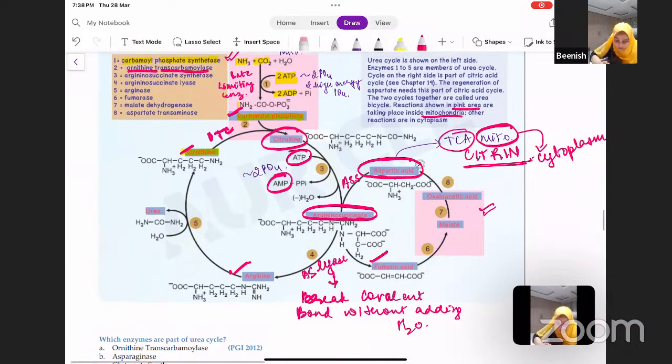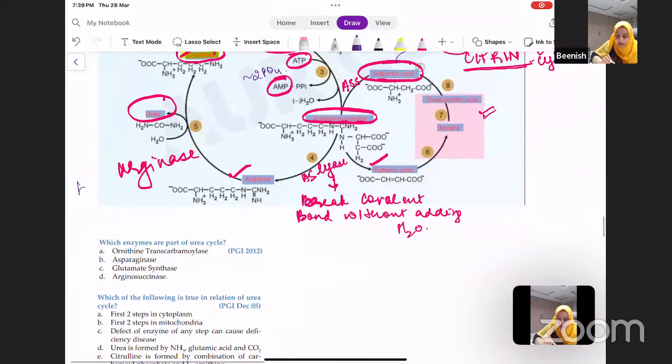Now this arginine is acted upon by the enzyme arginase to form what? Your urea and ornithine. Okay, now this arginase enzyme is a hydrolase. So what are hydrolases? They break covalent bonds by adding water.